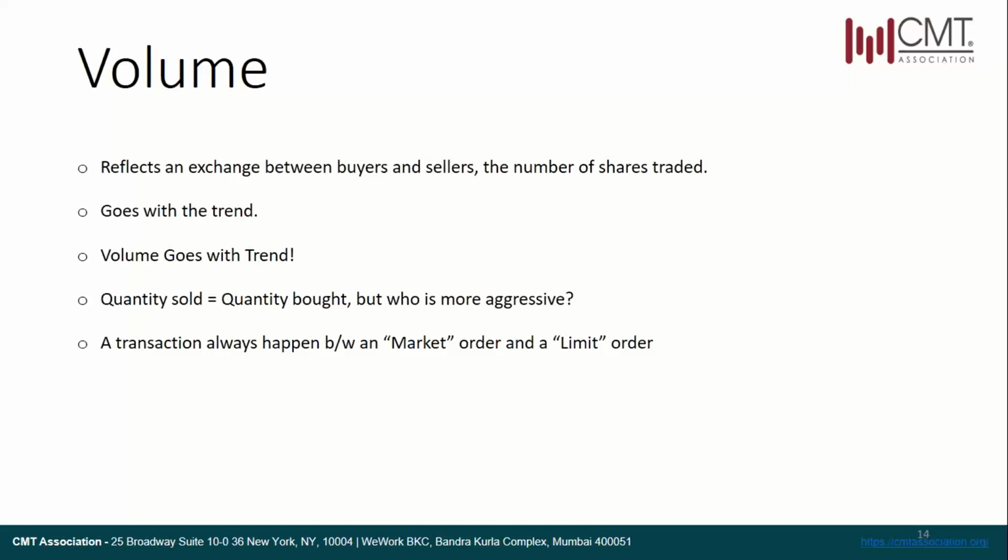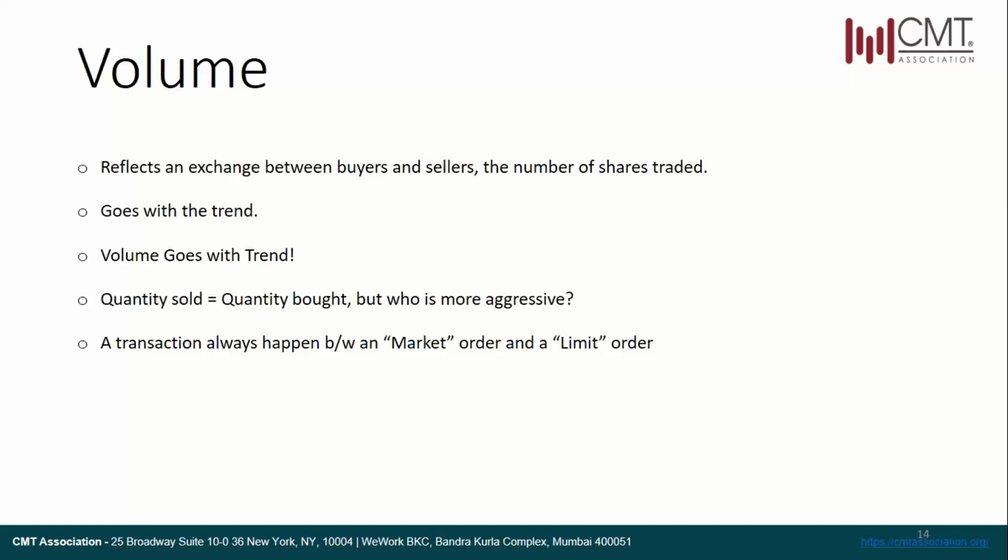So what does it mean? It means that if there is a high amount of volume during the trend and during the breakout, that adds more confidence, a kind of confirmation that people are really going for it.